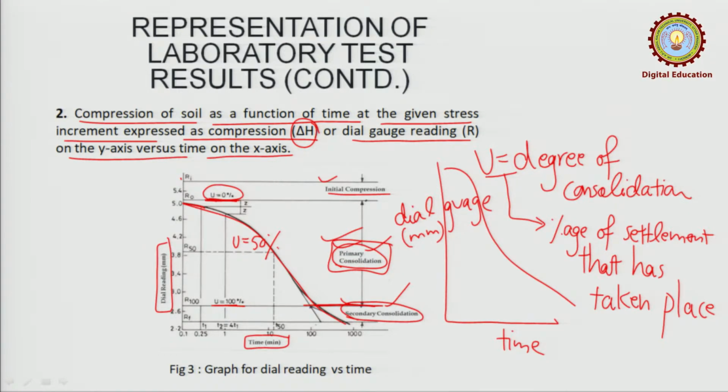Likewise, the values will vary, and this is the secondary consolidation, which, if you remember, was due to the reformation of soil particles. You can say reformation or rearrangement also.